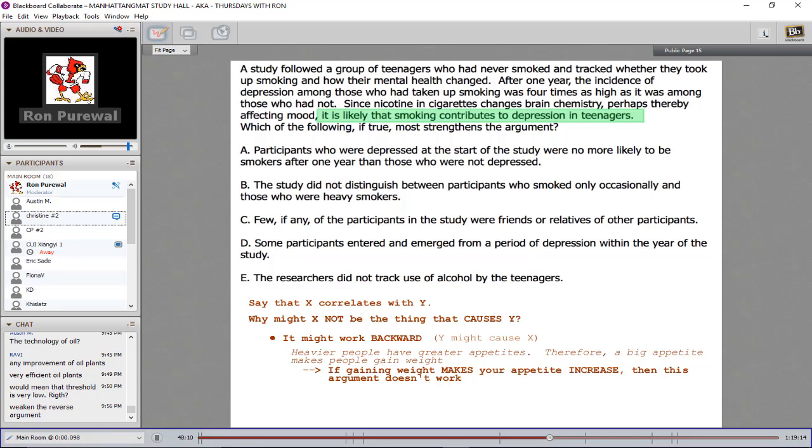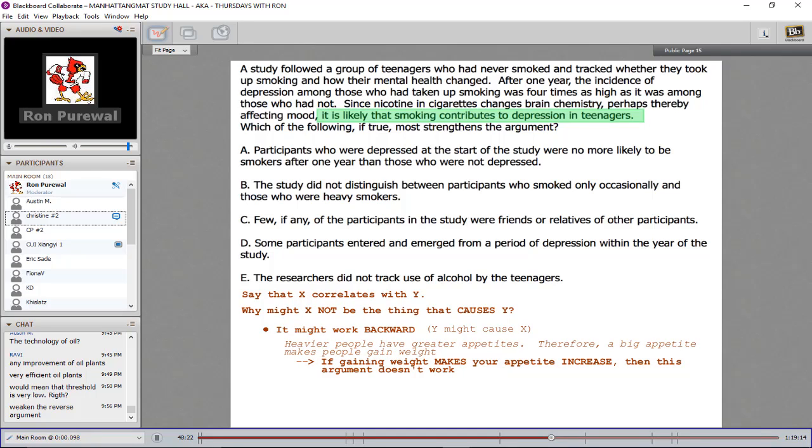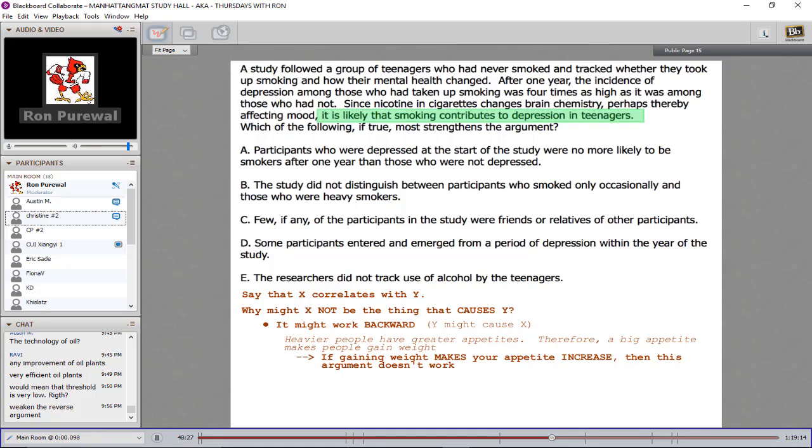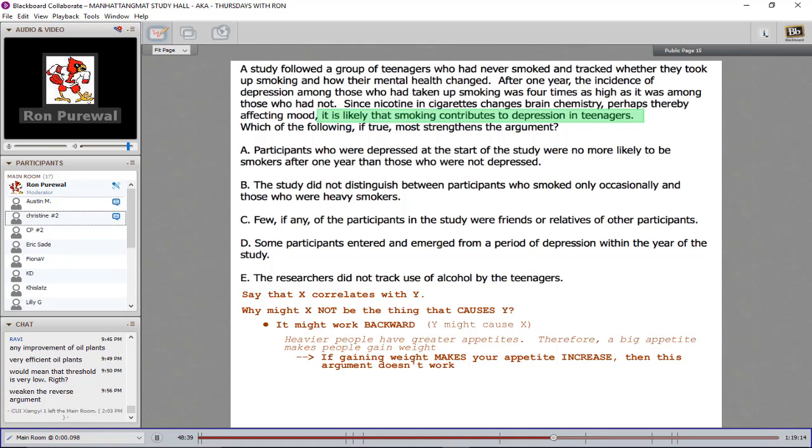What's the other way that you could knock down a cause and effect argument? Anybody know? I can give you a pretty easy example.